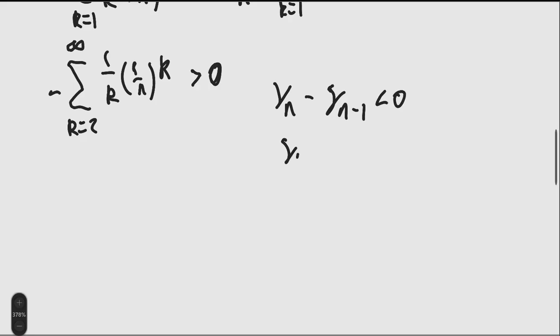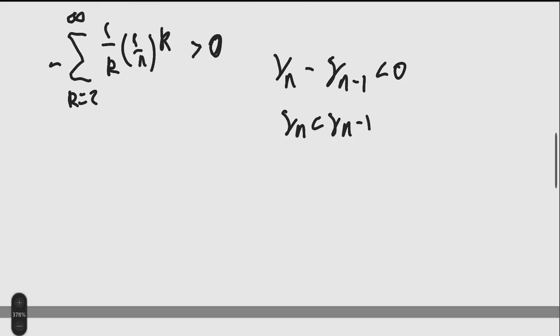So gamma of n is less than gamma of n minus 1. And so if we add on n plus 1 to both sides, we have gamma of n plus 1 is strictly less than gamma of n, which is what we wanted to show. So we have shown that the sequence is decreasing, basically.